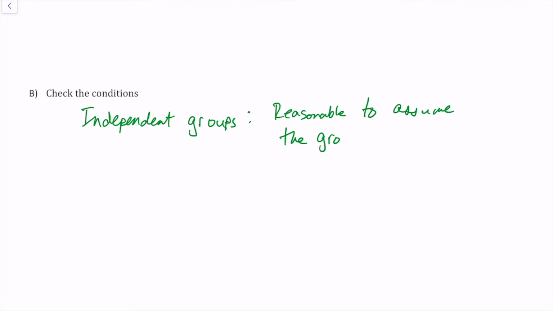Because that makes sense. What I get on Friday night shouldn't really affect what I get on Saturday night as far as tips, right? Because I have different people coming into the restaurant those 2 different nights, so it should be independent as far as the groups. Now, let's talk about independence within the group.